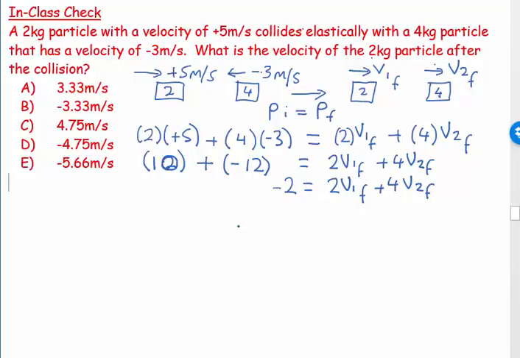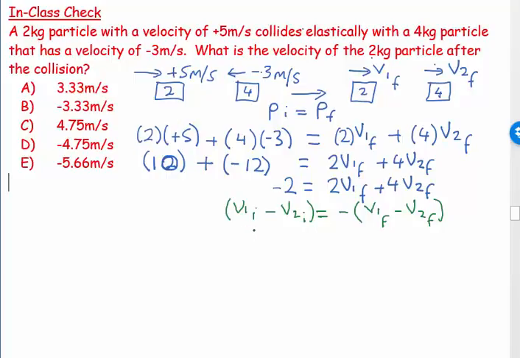Then somebody came along with a really clever equation, and what it says is that the difference between the initial velocities, v1 initial minus v2 initial, is equal to the negative of the difference between the final velocities, v1 final minus v2 final. It's a very simple expression. It's a correct expression, but not an obvious one that you would just know.